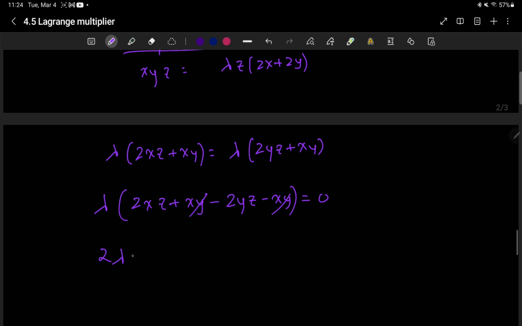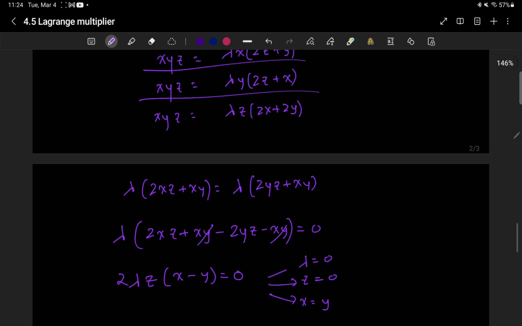So I have 2 lambda z times (x minus y) equals 0. So this gives us certain things. Possibly lambda is 0, possibly z is 0, and possibly x equals y.